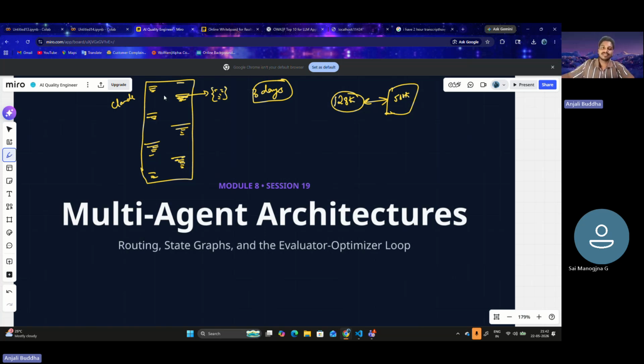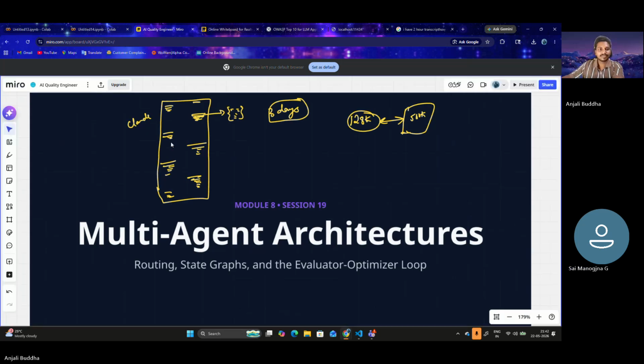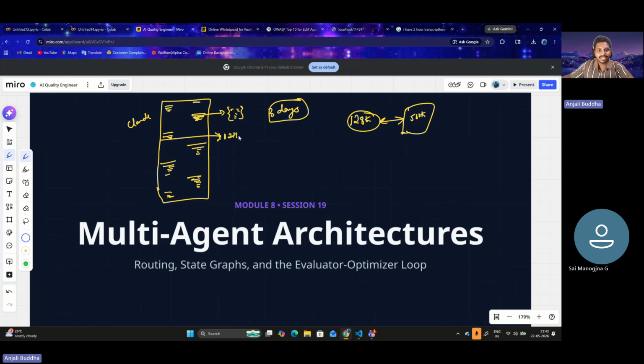Let's just say this is your interaction, and this is the point where 120k, 128k tokens are exhausted. This was supposed to be your context window, and you should have stopped this conversation, but you are continuing it.